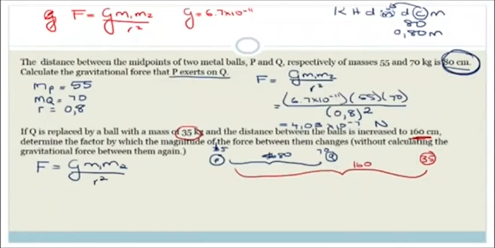Okay, but in our example with P and Q, we've got the mass of P, the mass of Q, and r squared. Now in this new example here, what's happened? Do you agree that Q has been replaced by a 35 kg mass? But 35 is what related to 70? Do you agree that 35 is half of 70?